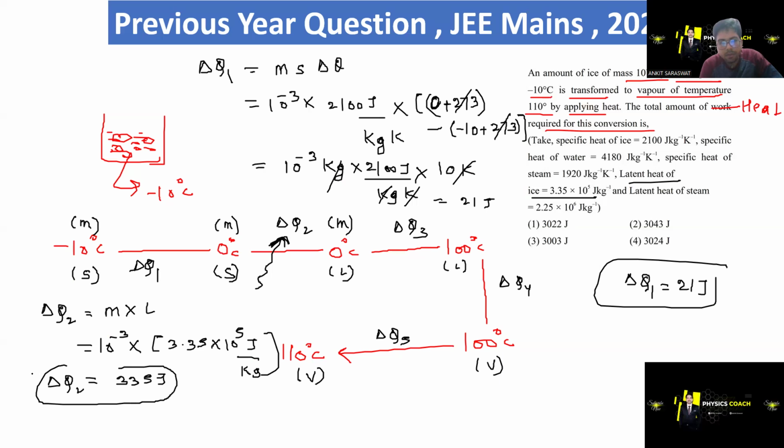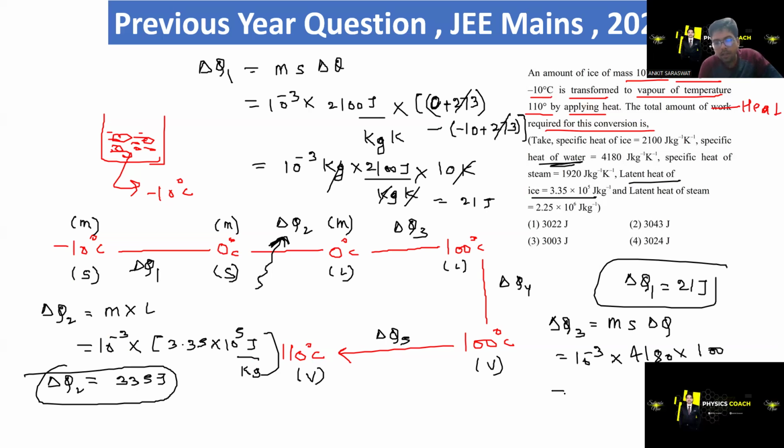Delta Q2. Similarly, delta Q3 we will solve. Again m s delta T. The mass is 10 to the power minus 3 kg. Specific heat: see here it is liquid, specific heat capacity of water is 4180. How much change in temperature? 100 minus 0.